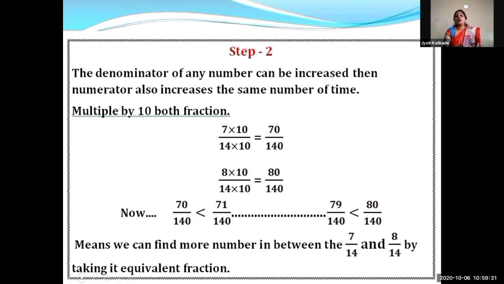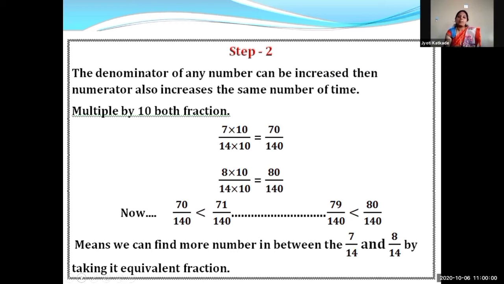Now our fractions are 70/140 and 80/140. Now we can find numbers in between both the fractions 70/140 and 80/140. See, 70/140, then next is 71, then 72, 73 up to 79/140.